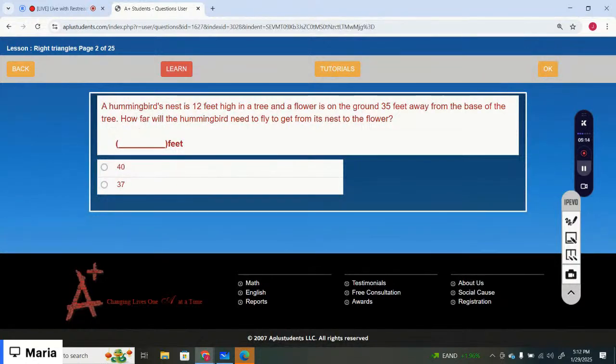A hummingbird's nest is 12 feet high in a tree and a flower on the ground is 35 feet away from the base of the tree. How far does the hummingbird need to fly to get from its nest to the flower?